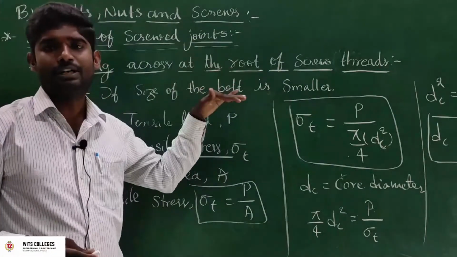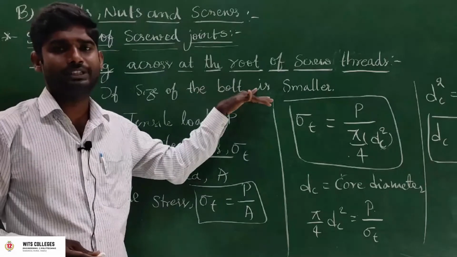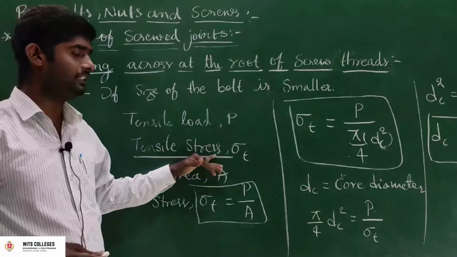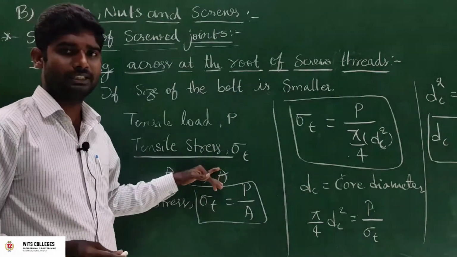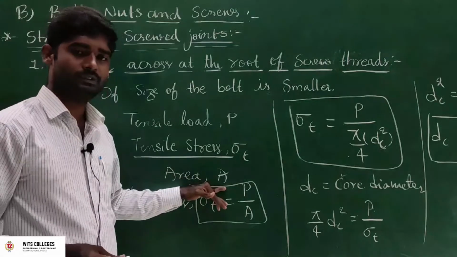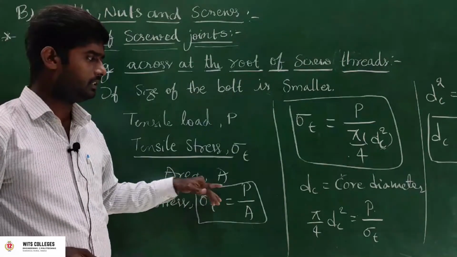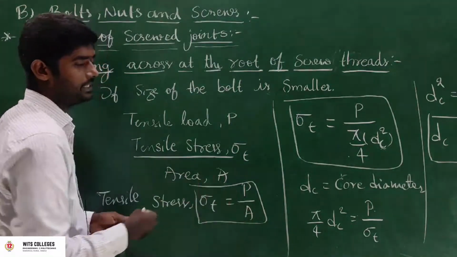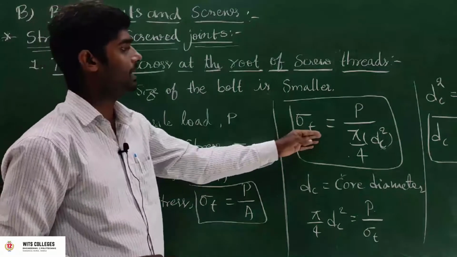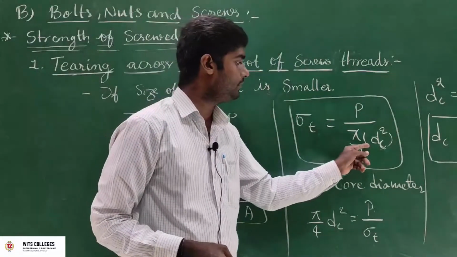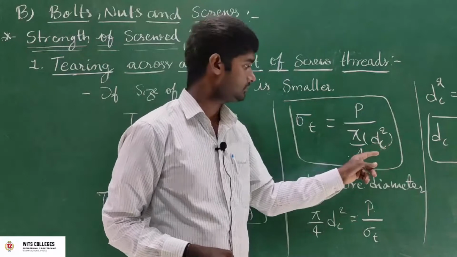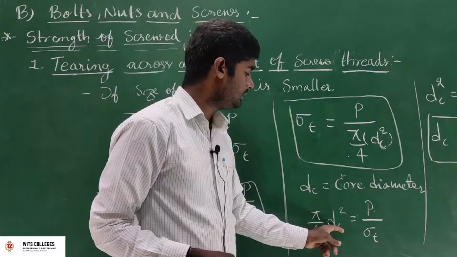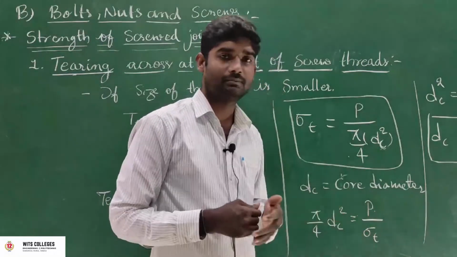If the size of the bolt is smaller, then we use tensile load P and tensile stress sigma T. Next, the area A. Tensile stress sigma T is equal to P by A, so sigma T is equal to P by pi by 4 dc square. Next, dc is the core diameter, and pi by 4 dc square is equal to P by sigma T.